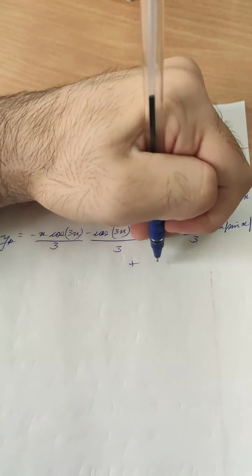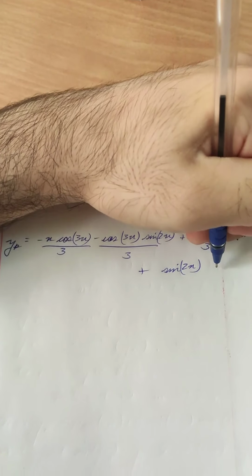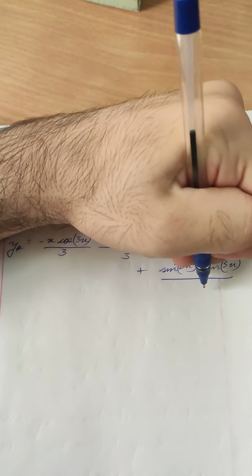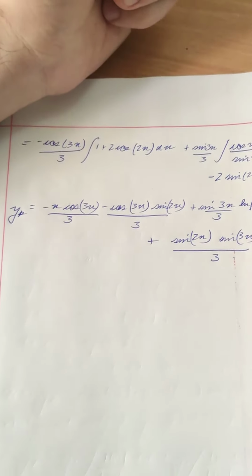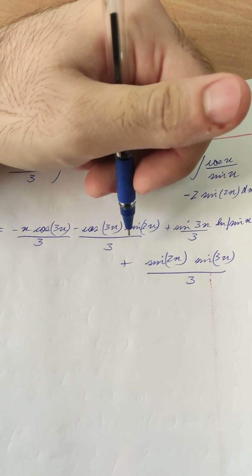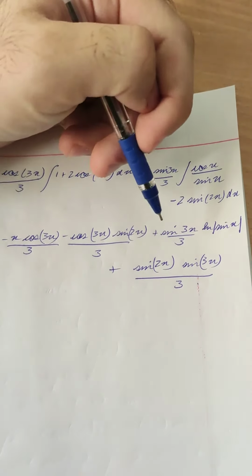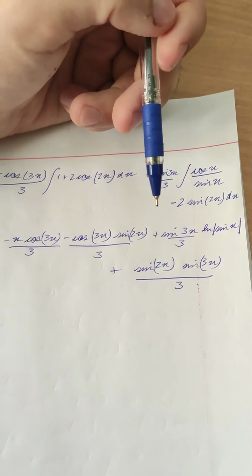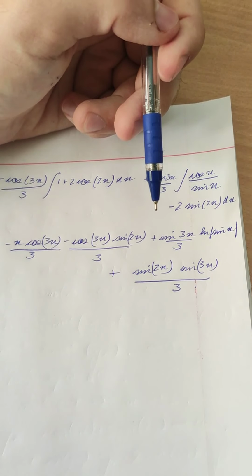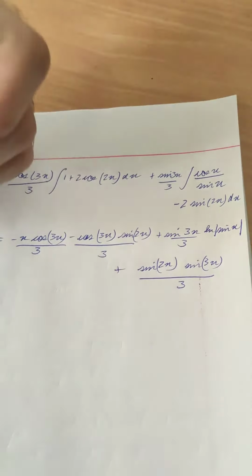Since there is no space I'm writing in the next line, sine 2x sine 3x upon 3. Let me just check. This is correct, then this is also right, then the sine 3x by 3 natural log sine x plus sine 2x sine 3x by 3.